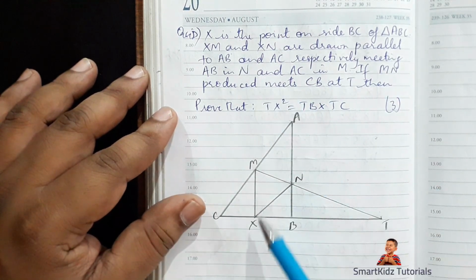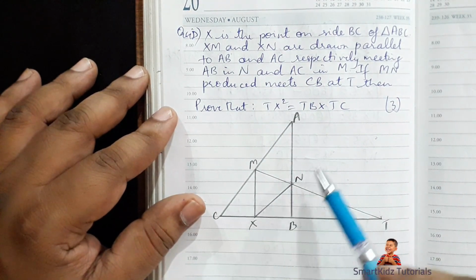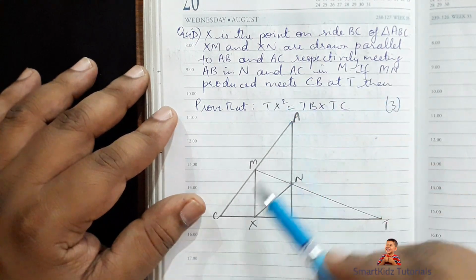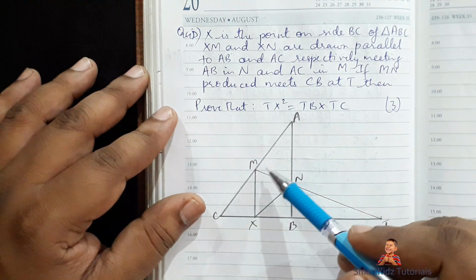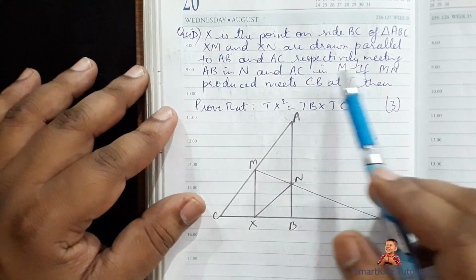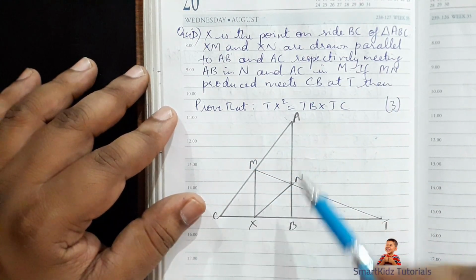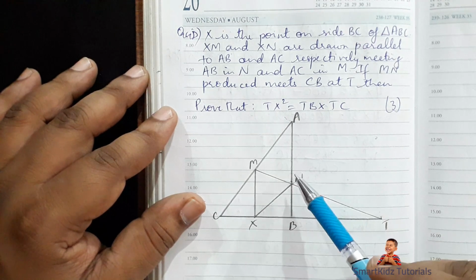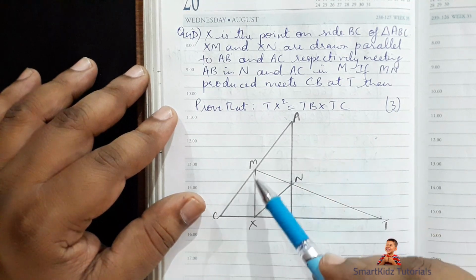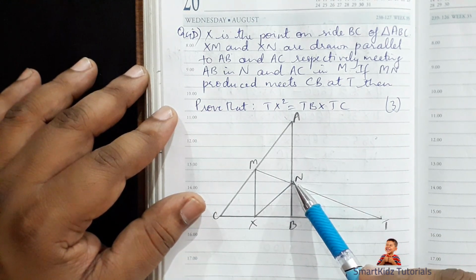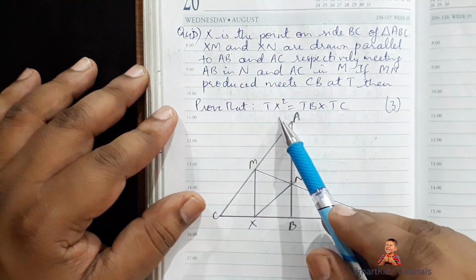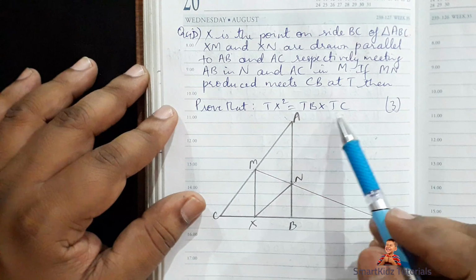XM and XN are drawn parallel to AB and AC respectively, meeting AB in N and AC in M. If MN produced meets CB at T, then prove that TX square is equal to TB into TC.